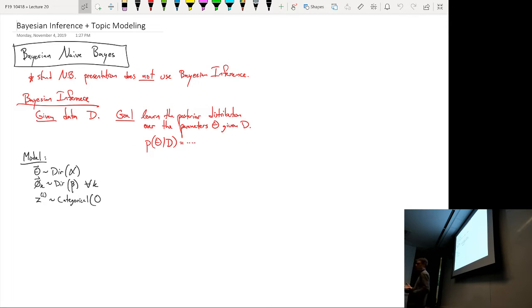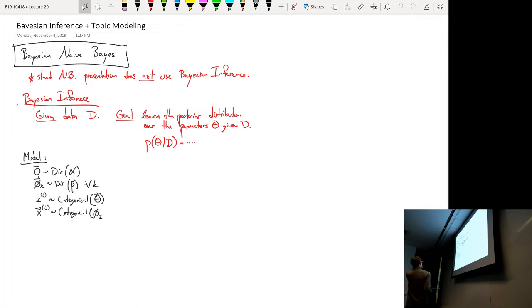A categorical distribution is just a multinomial with n equal to 1. And then the vector x_i is sampled from a categorical with parameters phi sub z_i, for all i.